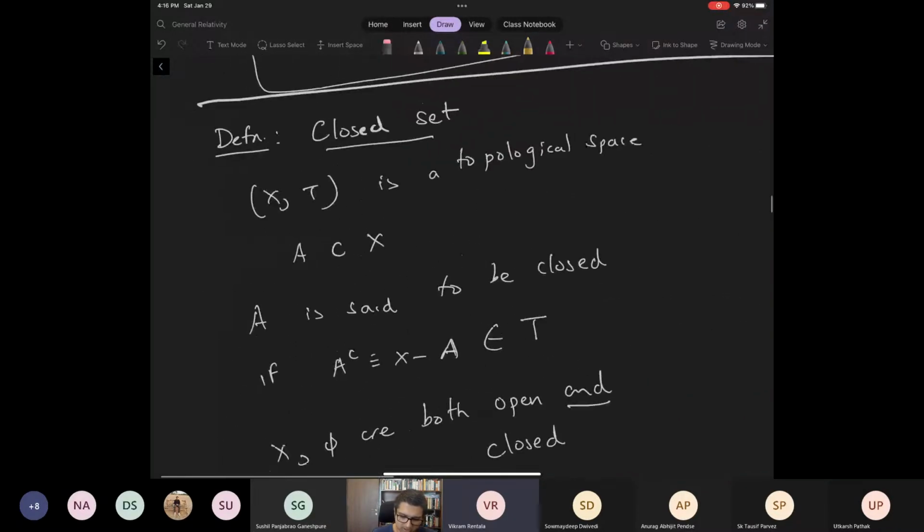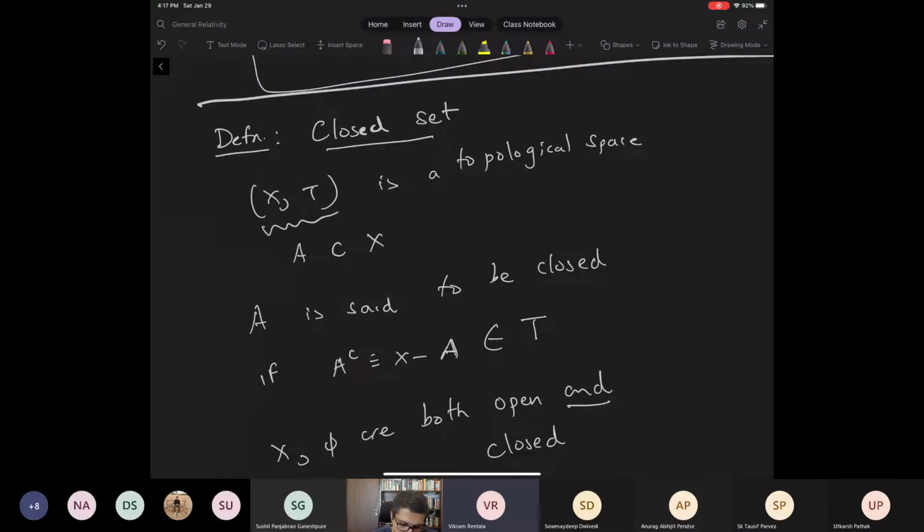Okay, so let's do some more definitions about topological spaces, and we'll try to wrap up this idea of topological spaces today. The first thing is, let's define what we mean by closed set. We've defined the topology T, which defines the collection of open sets.